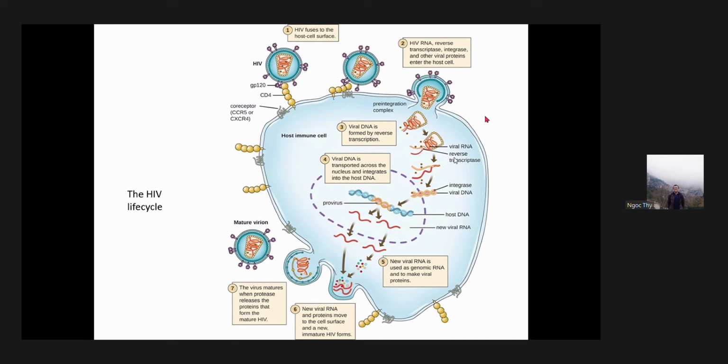This enzyme synthesizes DNA based on the sequence of the RNA. As a consequence, we have a DNA molecule whose sequence is complementary to the RNA molecule. This DNA integrates with the DNA of the host nucleus and starts to synthesize new RNA.